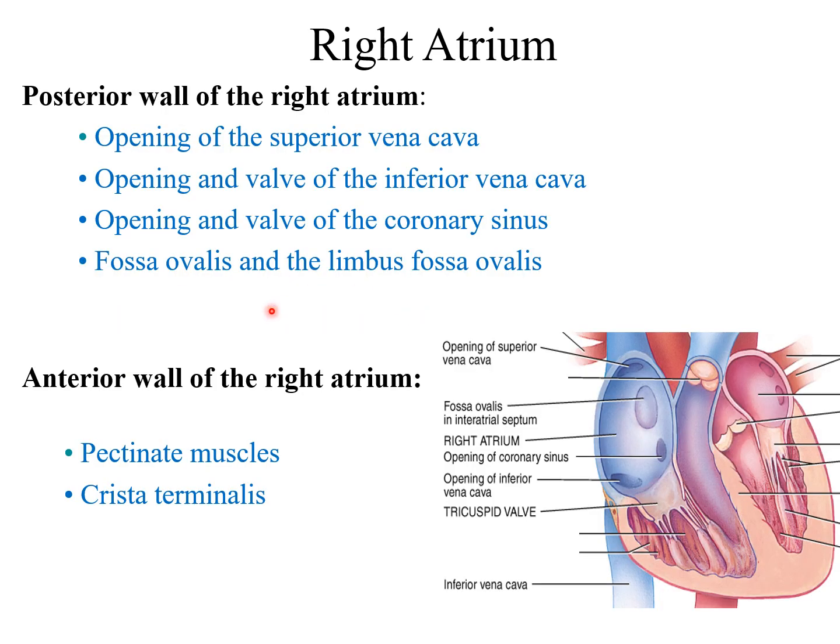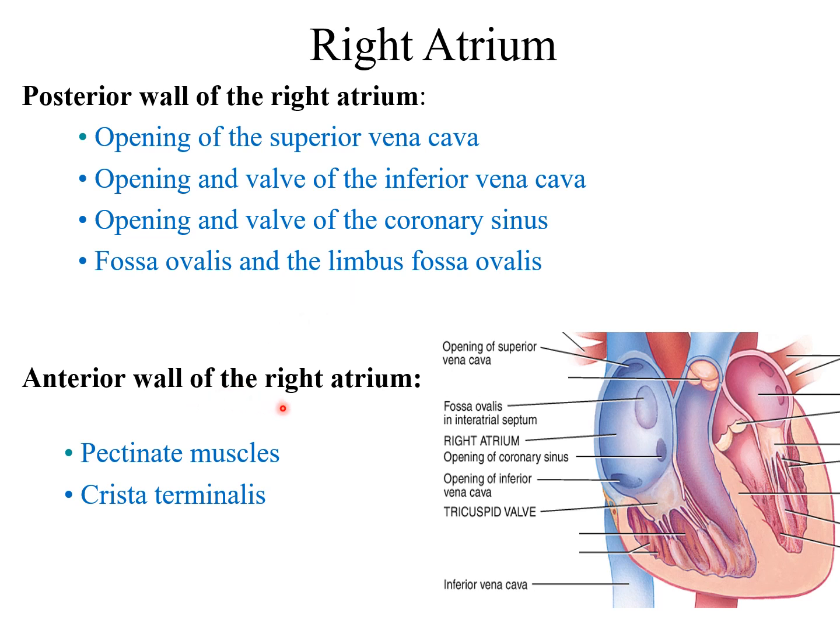Here we can repeat again, the posterior wall of the right atrium contains the opening of the superior vena cava. We have already discussed the opening and valve of the inferior vena cava, the opening and valve of the coronary sinus, the fossa ovalis and limbus of fossa ovalis. Along with that, we have also discussed that multiple openings are there in the right atrium on its anterior and posterior walls for the anterior cardiac veins and venae cordis minimae, which open directly into the right atrium.